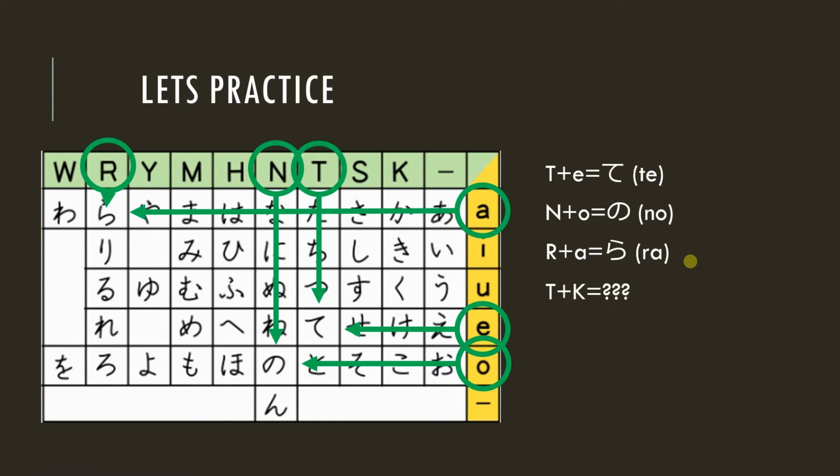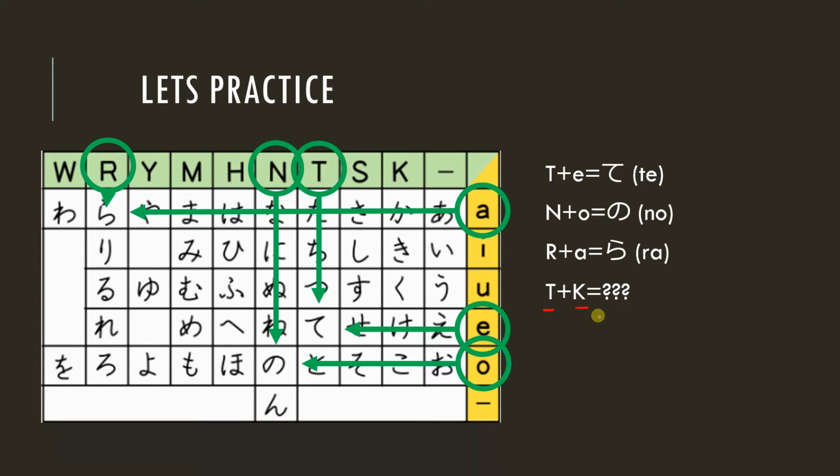So what if you want to combine a t sound and a k sound together? Well, sadly, Japanese pronunciation isn't going to allow us to do that because Japanese doesn't allow for what's called consonant clusters, or rather groups of consonants.